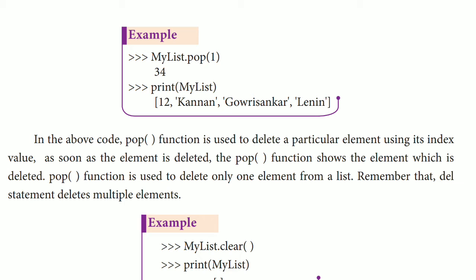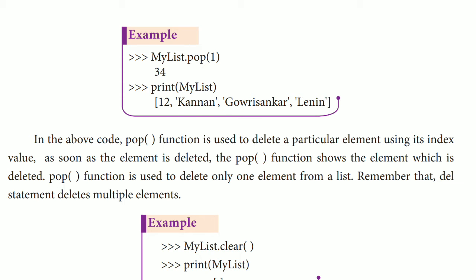Here you can see that my list dot pop 1 will delete the 34 element. Okay, so 34 is an element there. So in the above code, the pop function is used to delete a particular element using the index value. As soon as the element is deleted, the pop function shows the element which is deleted. So here you can see that this pop function will show the element which is deleted as a print statement.